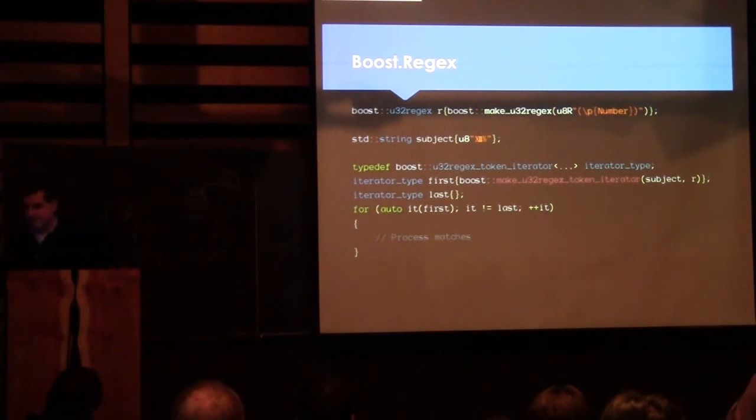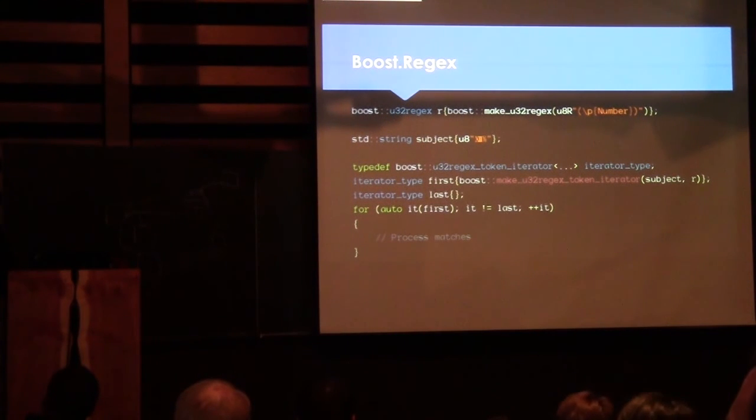I have a proposal in front of the core group that the standard continue to support any source encoding they want to, but that they always support UTF-8. There are two reasons for that.